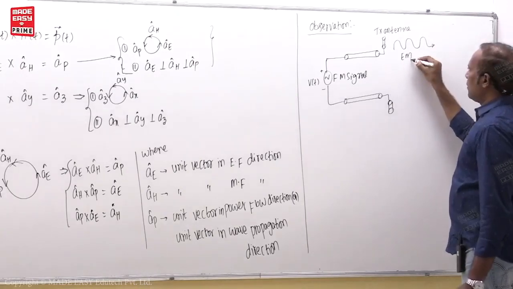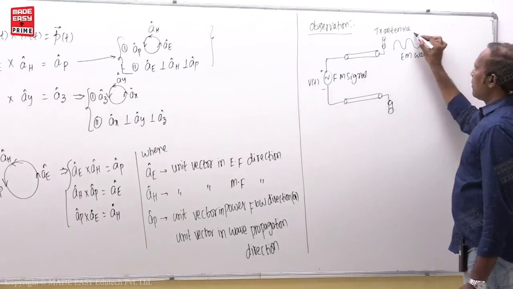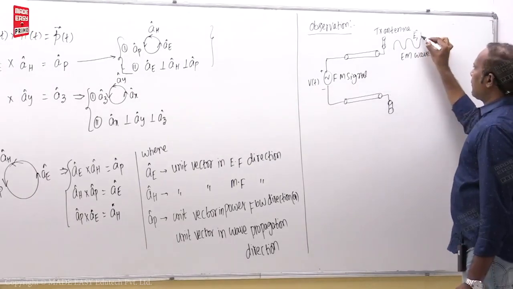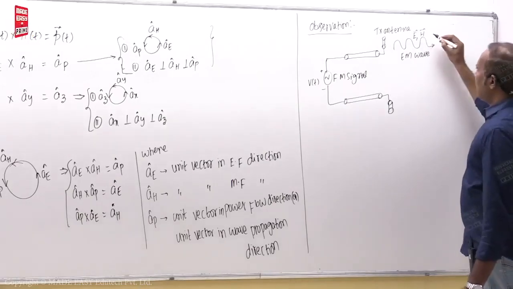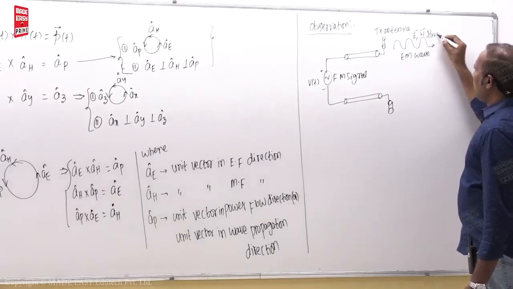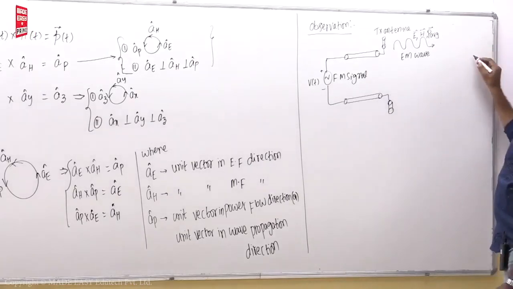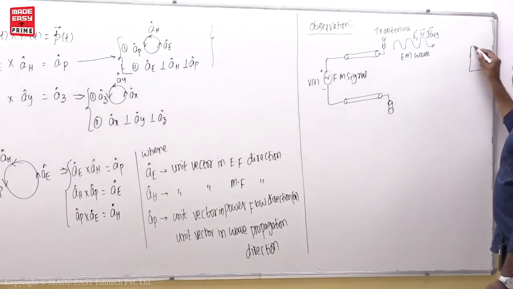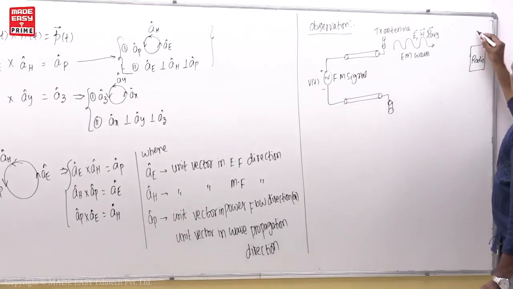This is electromagnetic wave. Now we have seen this electromagnetic wave has electric field and magnetic field. And if electric field and magnetic field is there, you take cross product, then it has average pointing vector also. Now here for example, radio is there. That radio has one receiving antenna here.